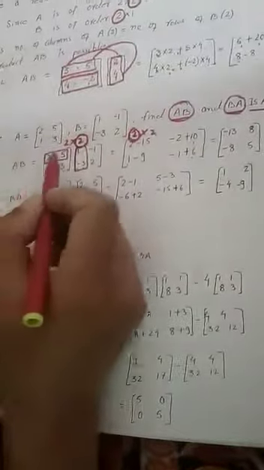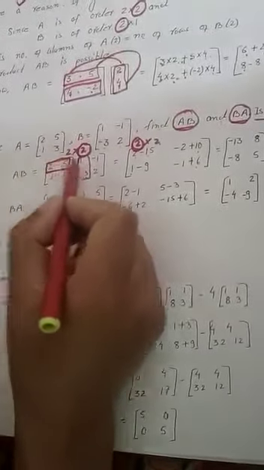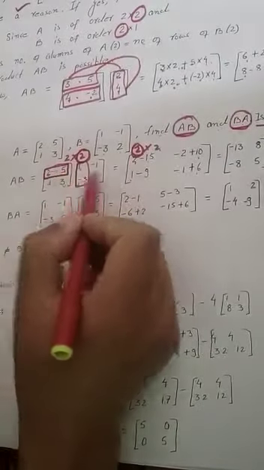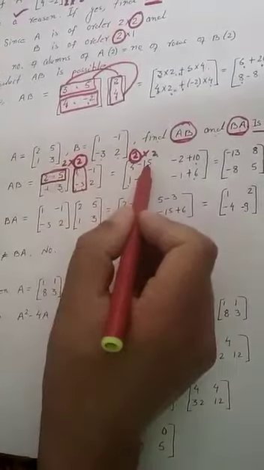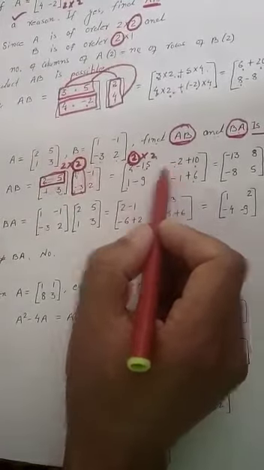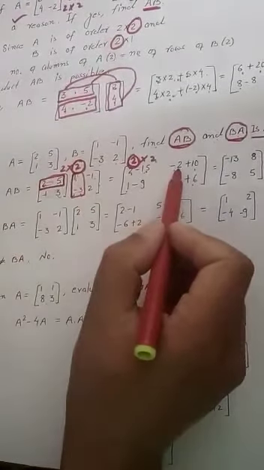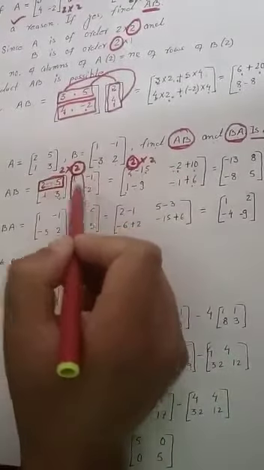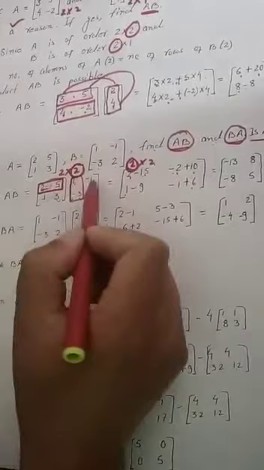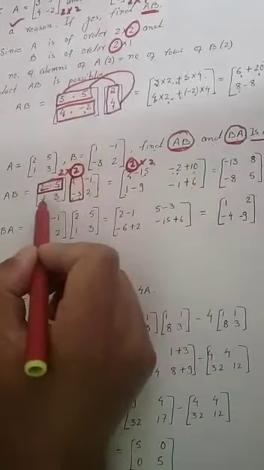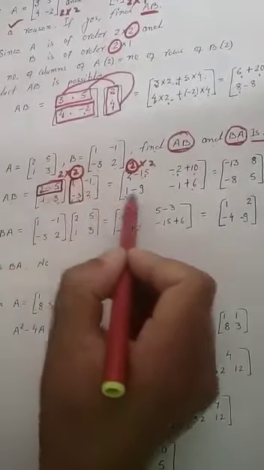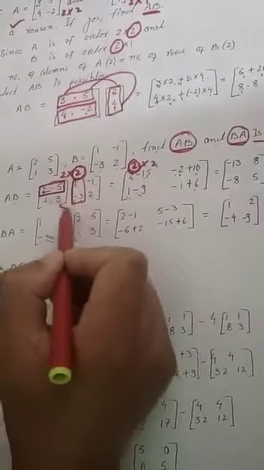Let us find AB. So row versus column. First row, first column: 2 1s are 2, plus into minus, 5 3s are 15. Now first row, second column: 2 1s are 2 and plus 5 2s are 10. Now second row: 1 1s are 1, plus into minus, 3 3s are 9.